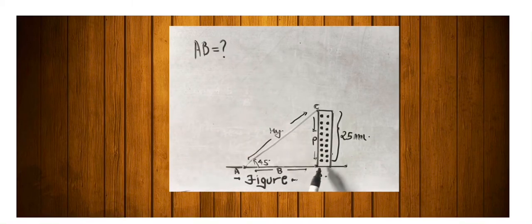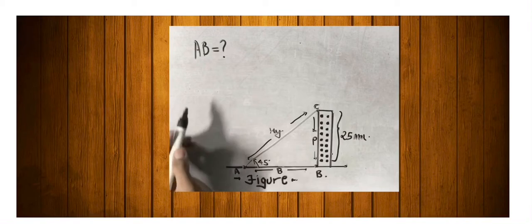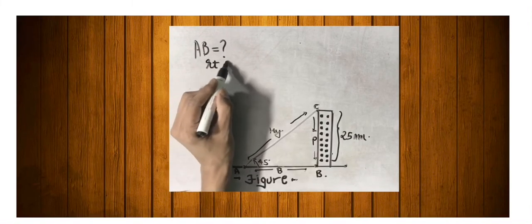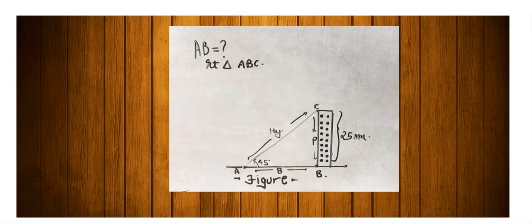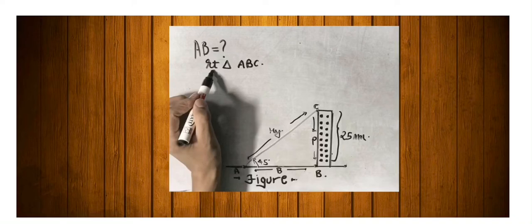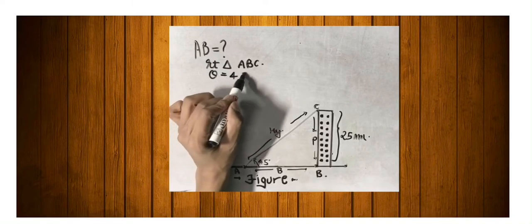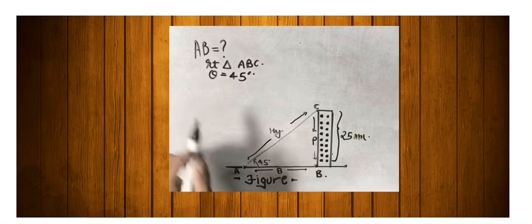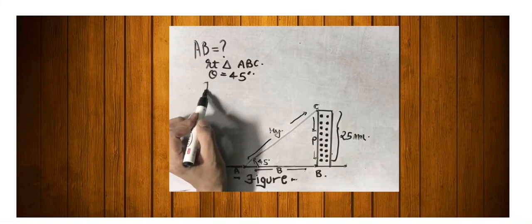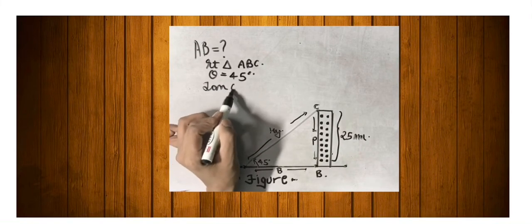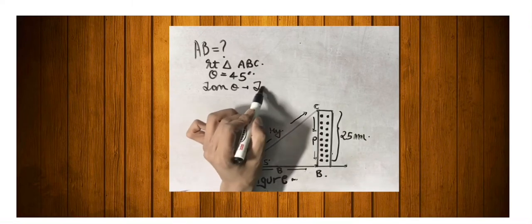Now you can see that we have got a right angle triangle ABC. Now theta is 45 degrees. So theta is equal to 45 degrees. Let's say tan theta, which is equal to tan 45.